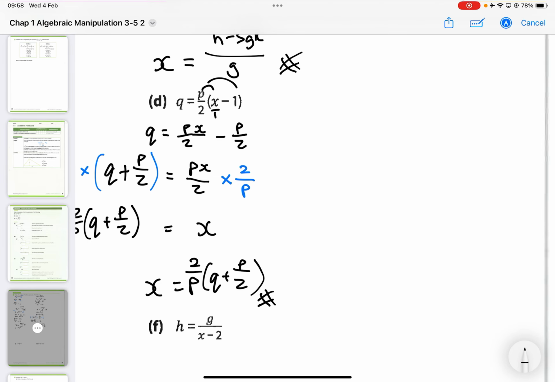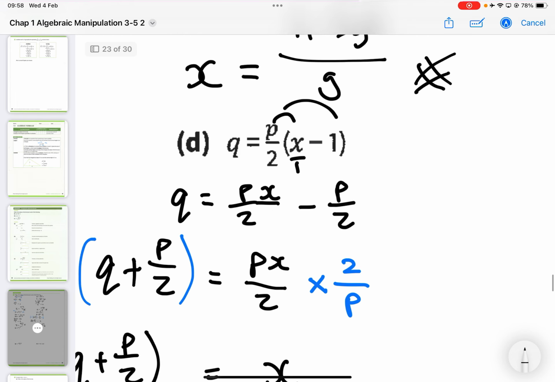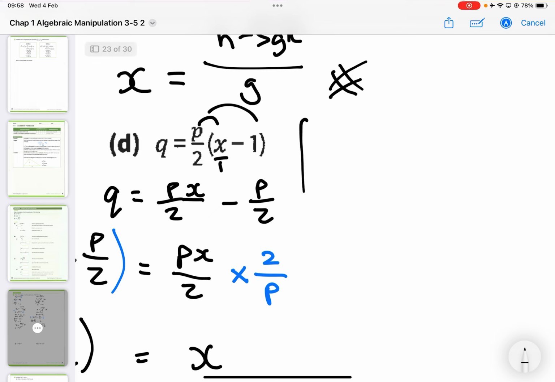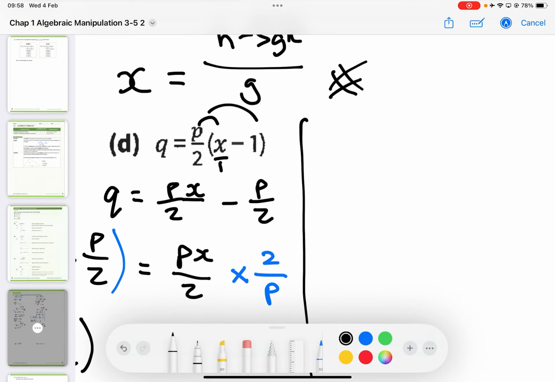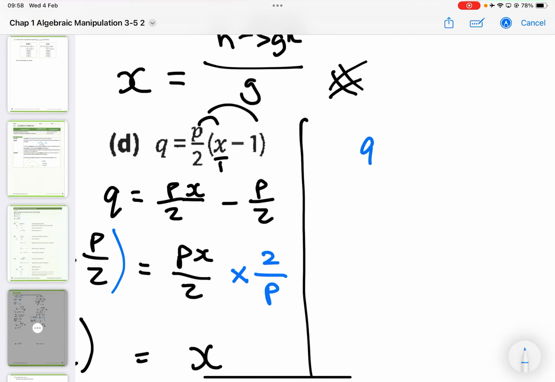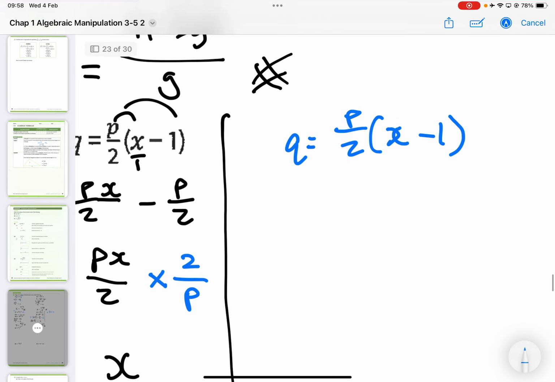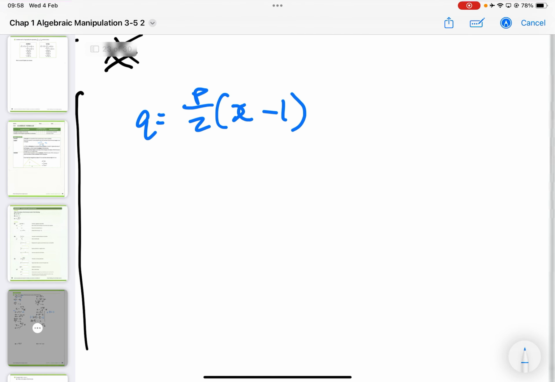Okay, now I show you the other way, the other approach. I write in blue Q equals to p over 2 x minus 1. Finally, I want x to be alone.